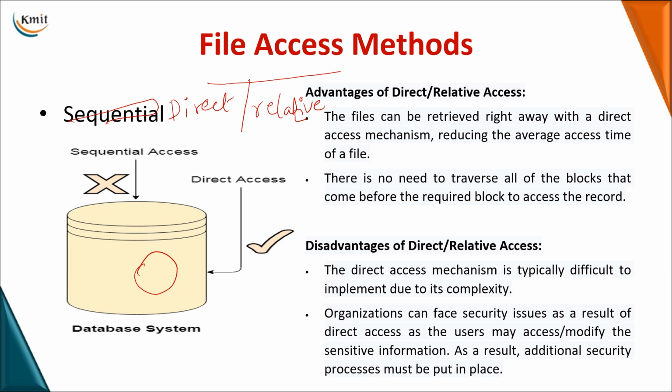The advantage is that there is a direct mechanism, you need not move sequentially one after the other, and there is no need to traverse all the blocks. But the complexity lies in the organization of your data, and it is difficult to implement. I mean, implementation will lead to some complexity.